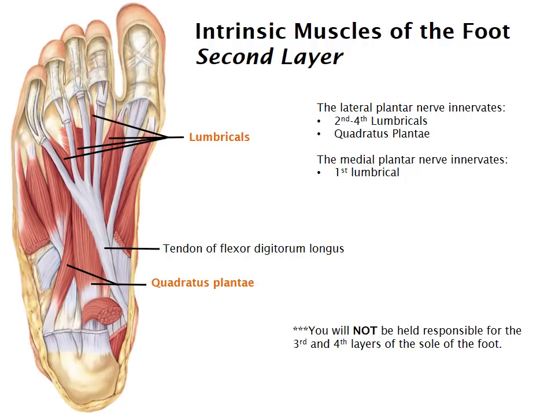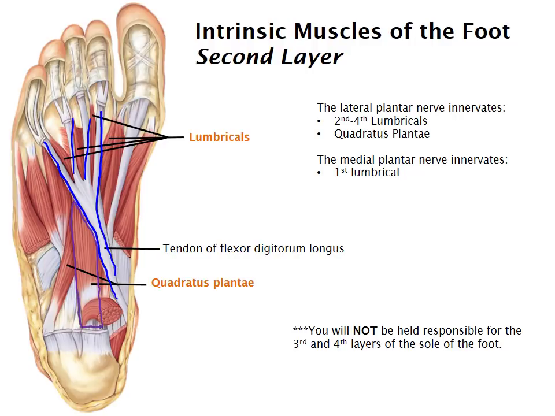The second muscle layer in the sole of the foot is associated with the tendons of the flexor digitorum longus muscle. So here's that tendon, and then the tendons as it splits off that flexor digitorum longus muscle. The tendons of the FDL are kept in alignment by the quadratus plantae muscle. So let's outline that quadratus plantae muscle.